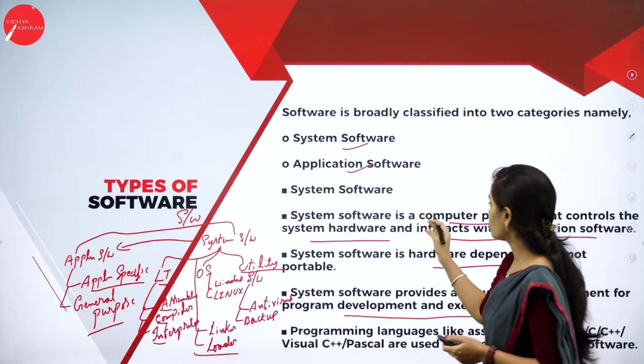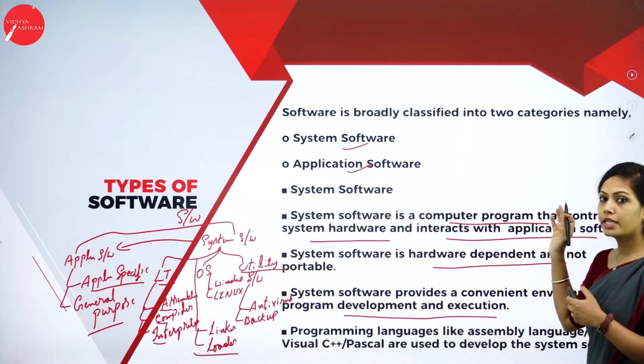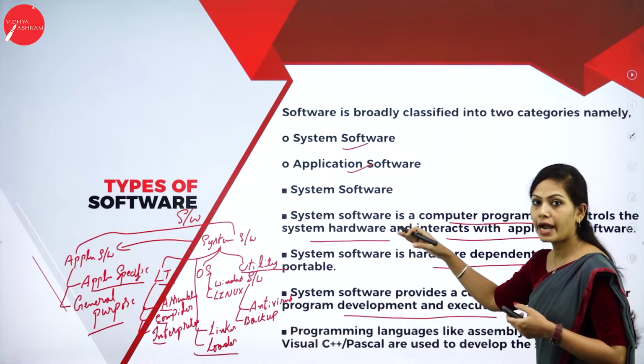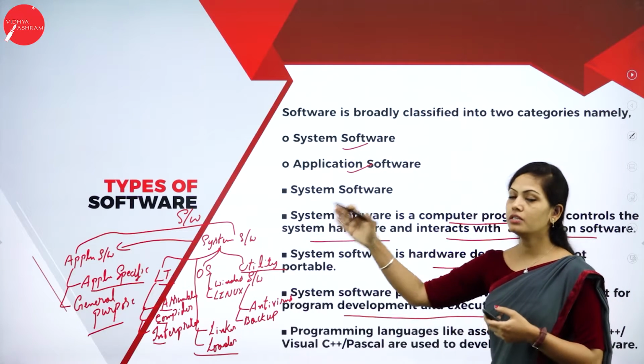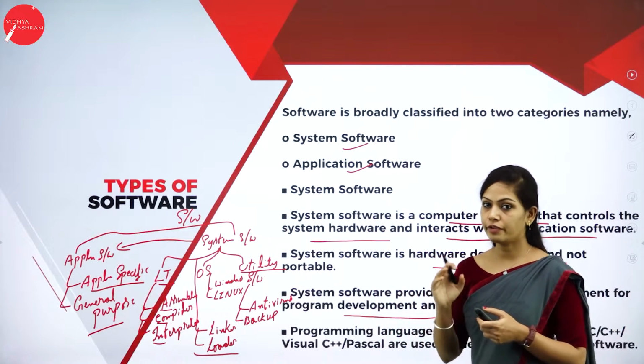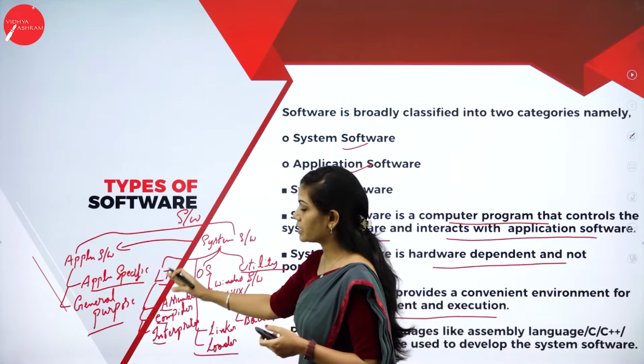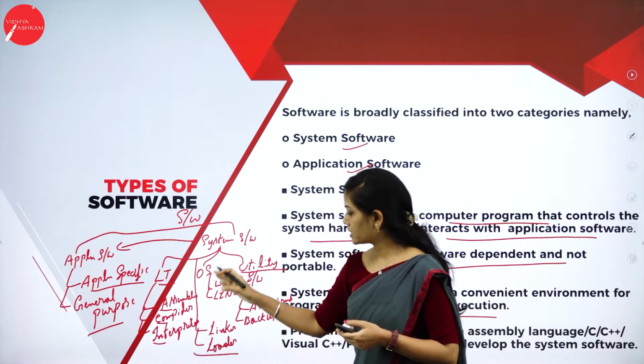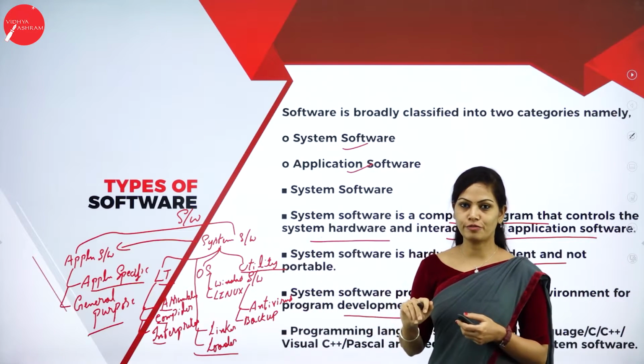Clear? So system software is a computer program that controls the hardware and interacts with application software. This is the definition of system software. And we have three categories in system software, that is language translator, operating system and utility software.